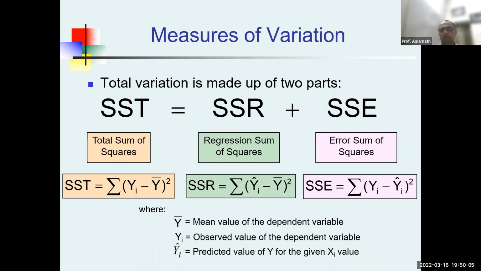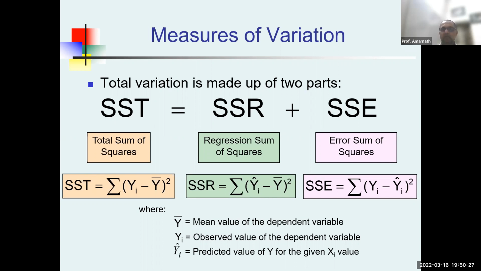Of course, now what all those things mean in terms of pure statistics. SST is the total sum of squares. SSR is the regression sum of squares. SSE is the error sum of squares. So how do we calculate SST? We have y bar, yi is an observed value, yi hat is a predicted value.